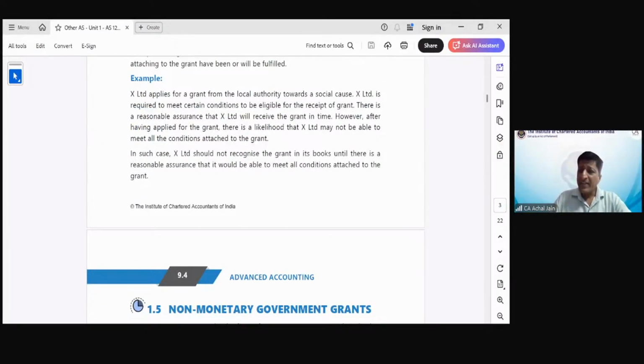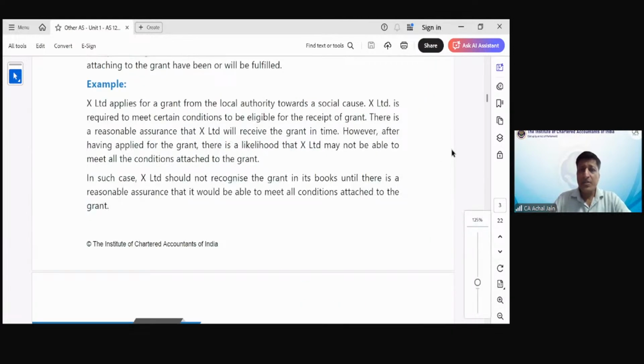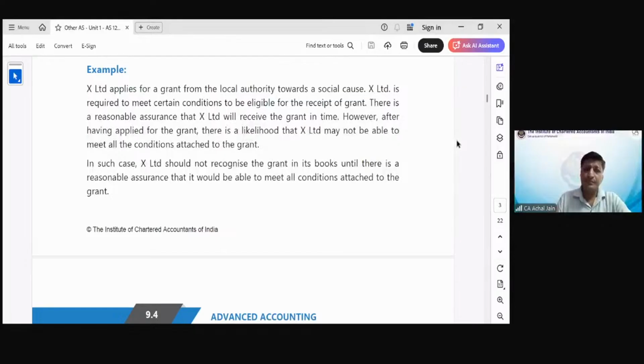Okay. X Limited is required to meet certain conditions to be eligible for the receipt of grant. There is a reasonable assurance that X will receive the grant in time. However, after having applied for the grant, there is a likelihood X may not be able to meet all the conditions attached to the grant.